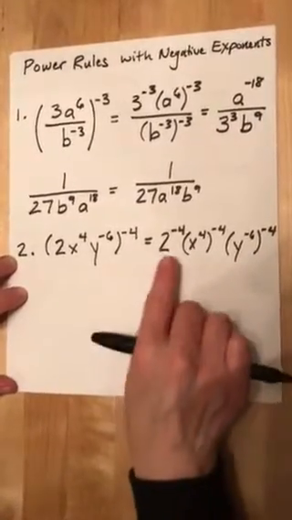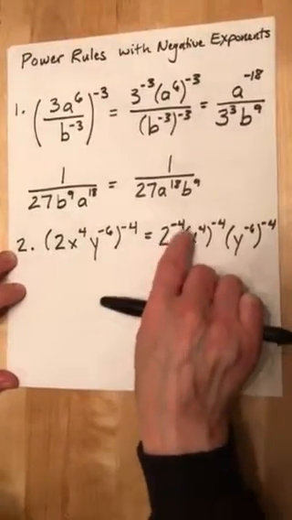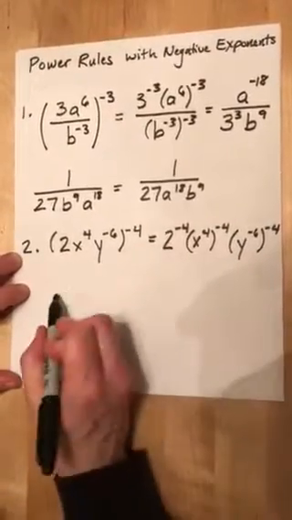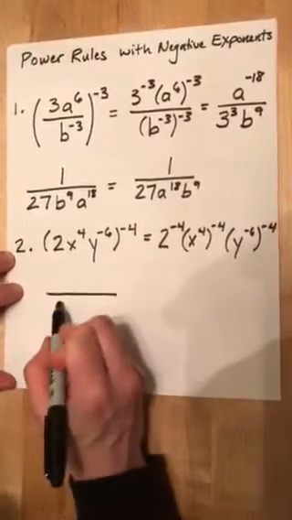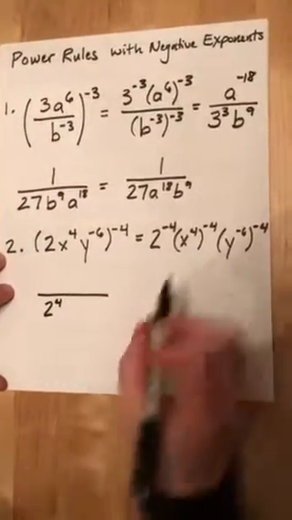Let's look at each part individually. The 2 to the negative 4th we can rewrite with a positive exponent if we move that to the denominator of a fraction. And so let's move this to 2 to the 4th in the denominator.